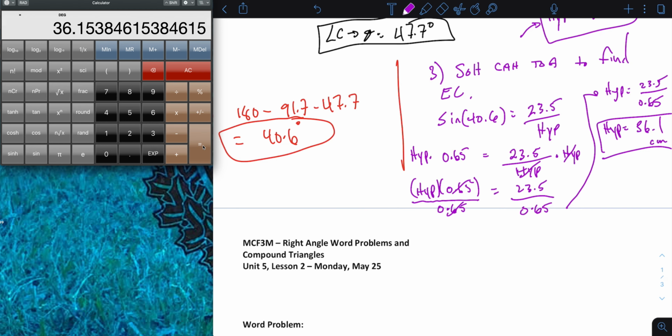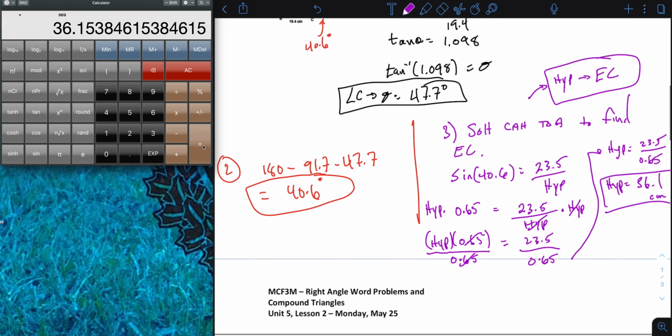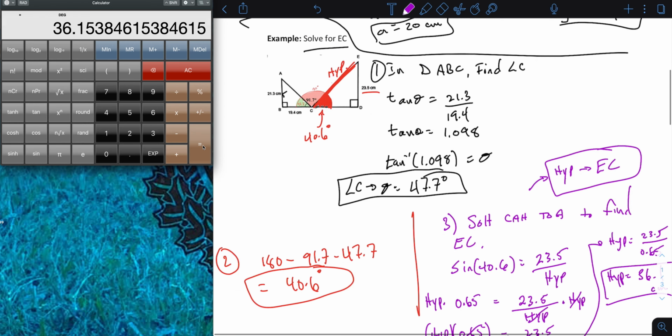Now, why I'm showing you compound angles is that sometimes in the real world you need to find information over here on the right, but on the left side of the picture there's information in the real world that I can actually use.